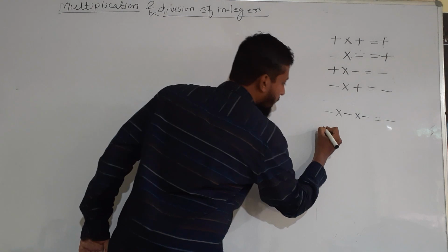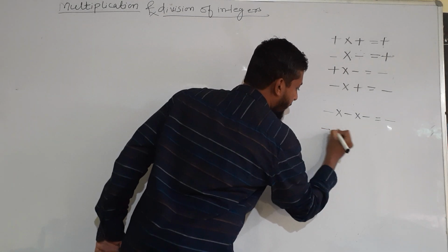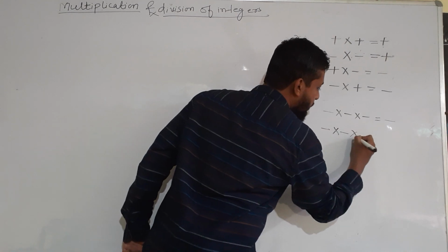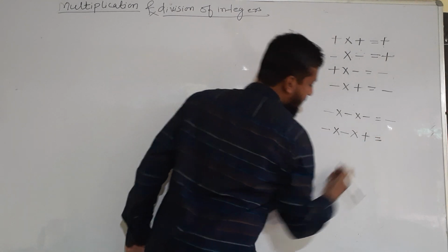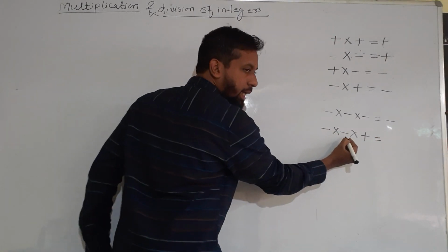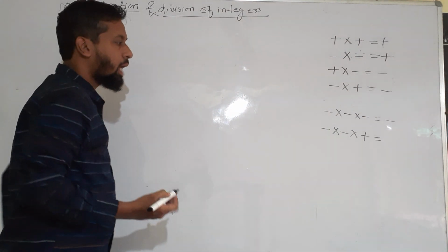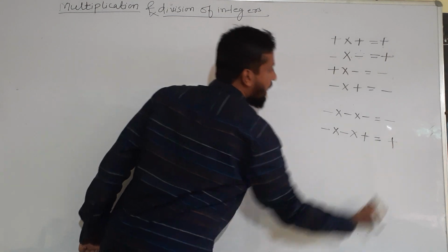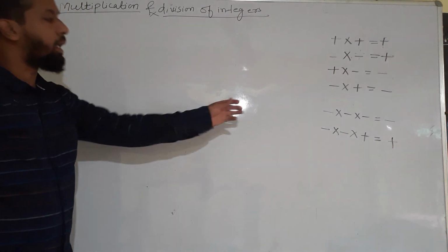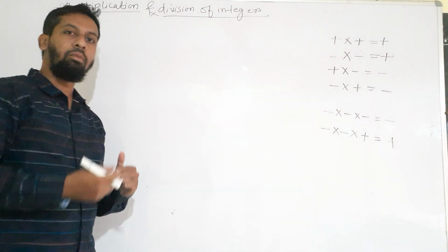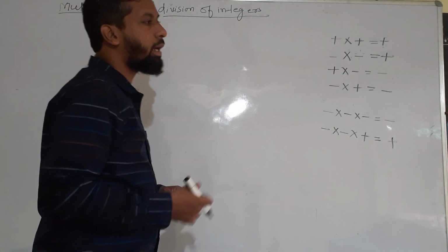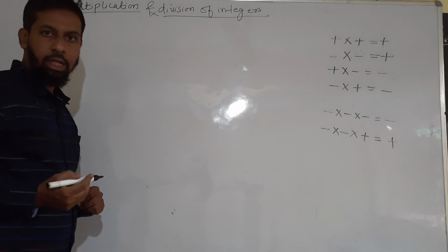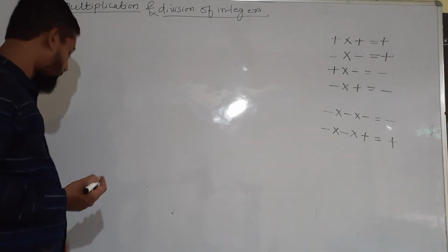Now, if the signs are minus into minus into plus, minus into minus is plus, now plus into plus is plus. We know how to multiply the signs if there are more than 2. Keep in mind. Now, let's go to the numbers.